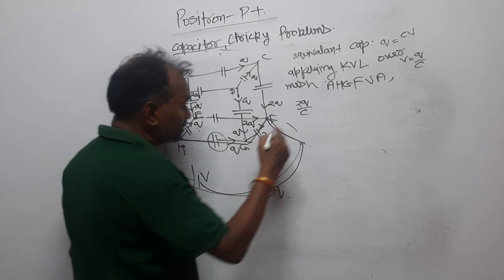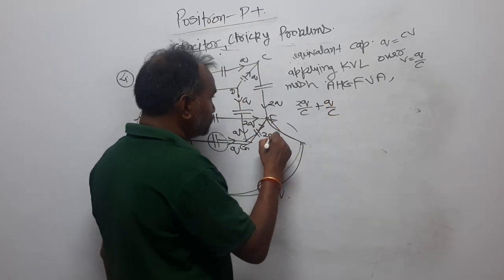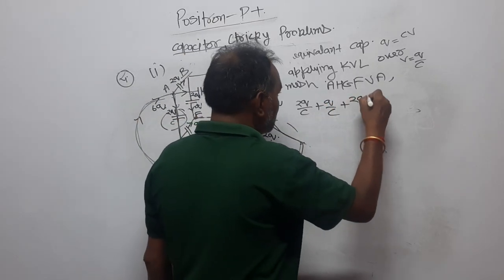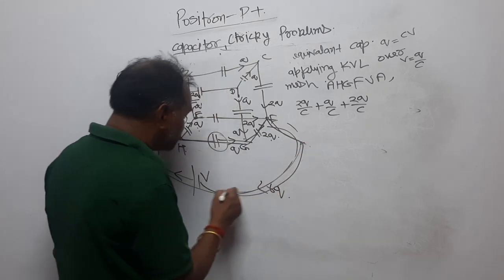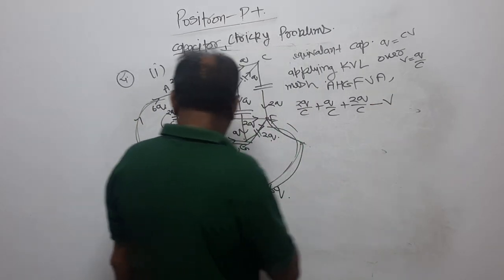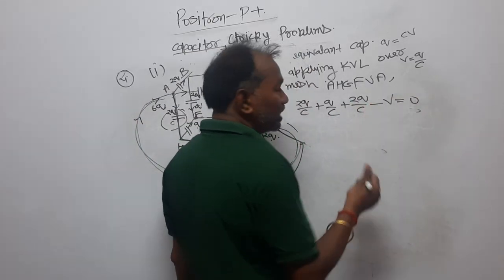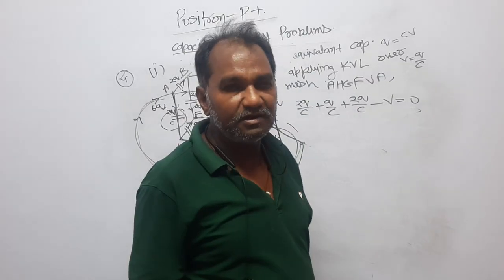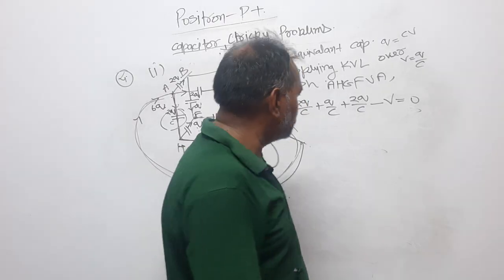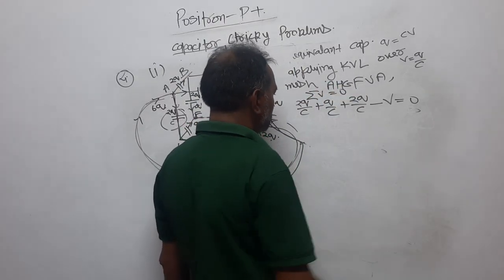Here the potential will be Q upon C, and here again it is 2Q upon C, and you come to the negative plate of the battery, so minus V is equal to 0. Actually, summation V is equal to 0 over a closed loop. You might write it like this.